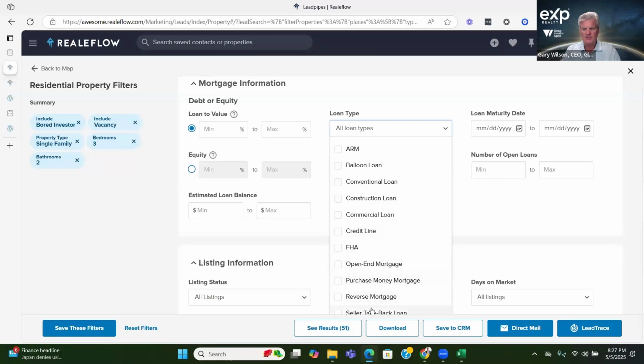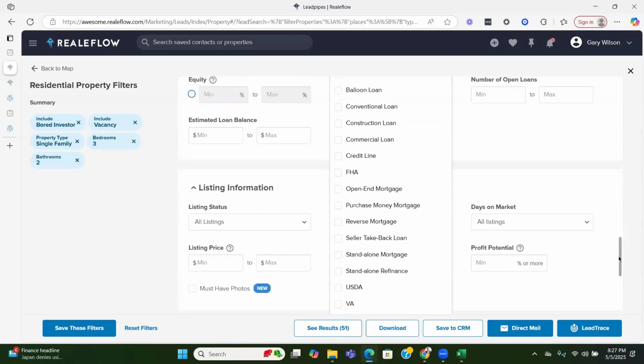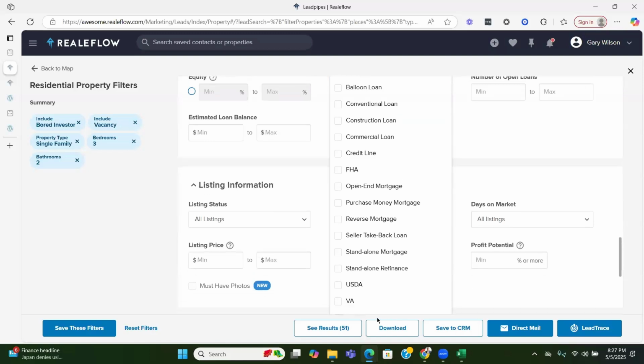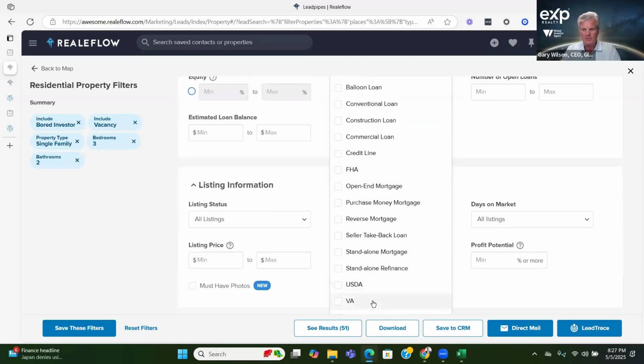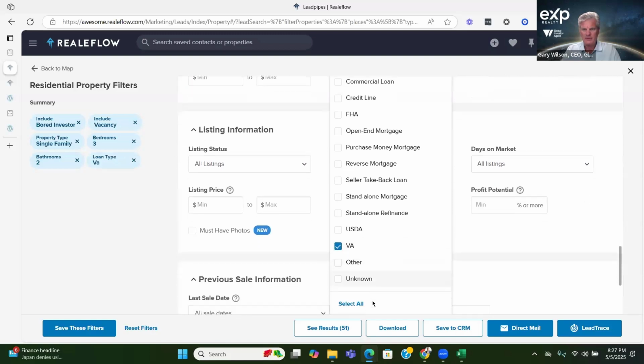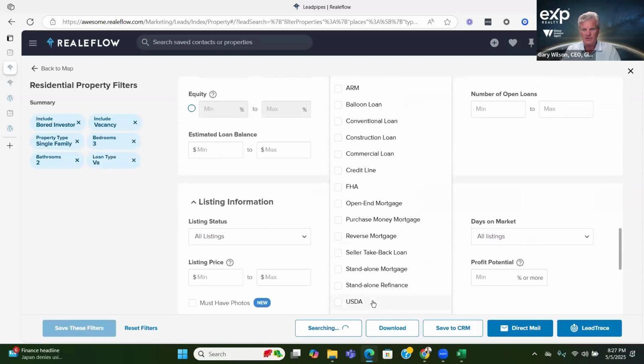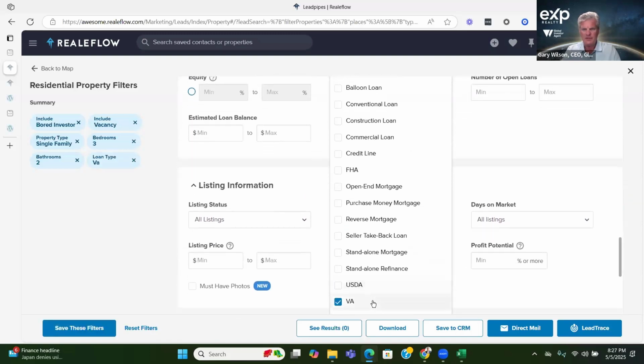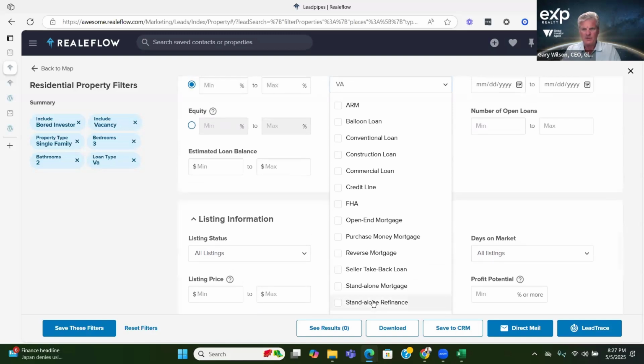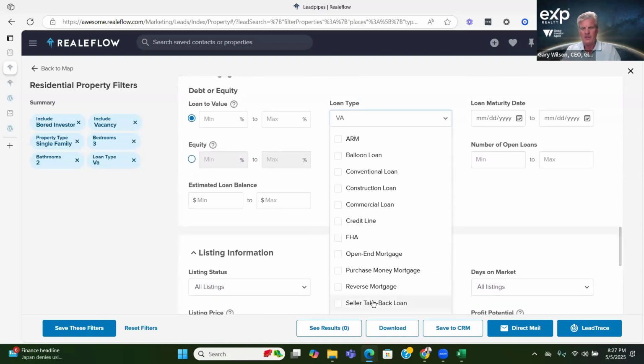Seller take back loan. That could be it right there. Let me just scroll down a little bit further. That would be one kind for sure. Other, unknown, USDA, VA, standalone, seller take back. So you could click on that and search.